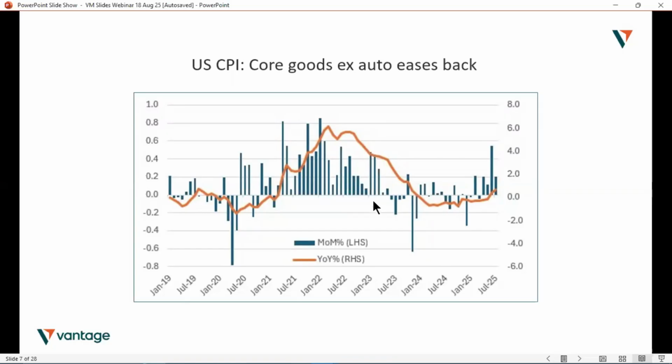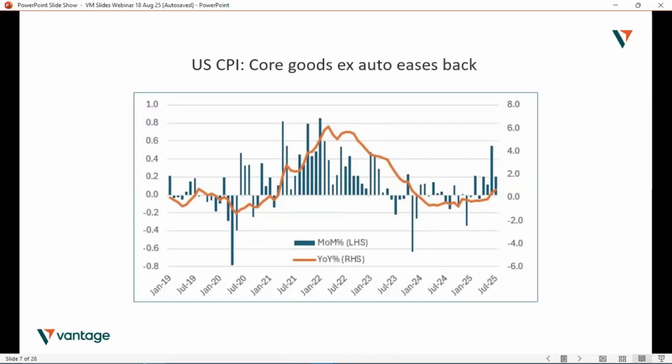I guess you also need to think about consensus GDP forecasts as well. They've been cut, if you think about it, from 2.5% at the start of this year down to sort of 1.5%. And potentially then, of course, that affects wages and those other areas that we've talked about, potentially offsetting any tariff-induced inflation impact again.